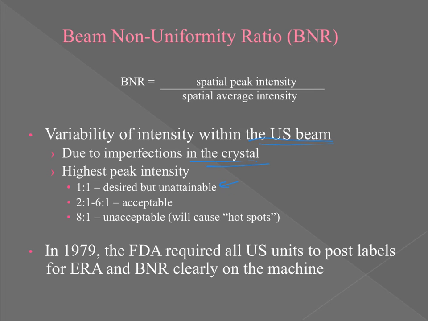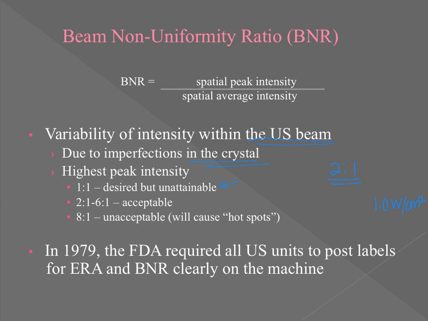So if we think about that, if we take this example that I'm going to give you right here. If the BNR indicated is, let's say, a 2:1, okay, we'll go with that example. What we're saying with this is if we select an output intensity of, let's go with 1.0 watts per centimeter squared, so this is what we put on our ultrasound treatment.